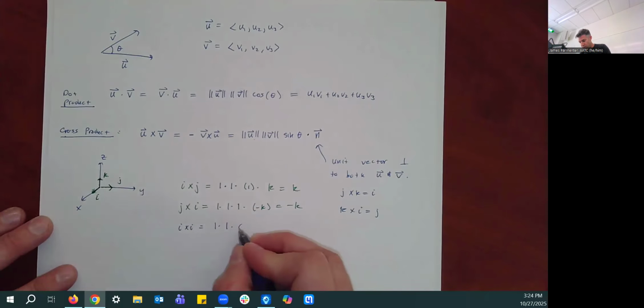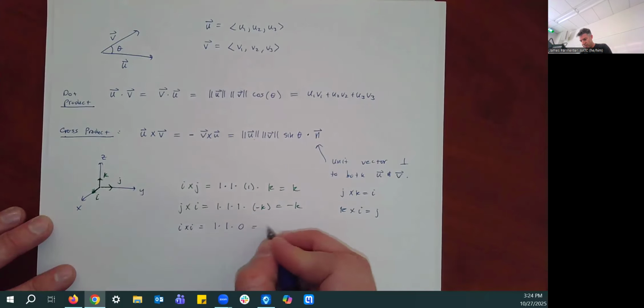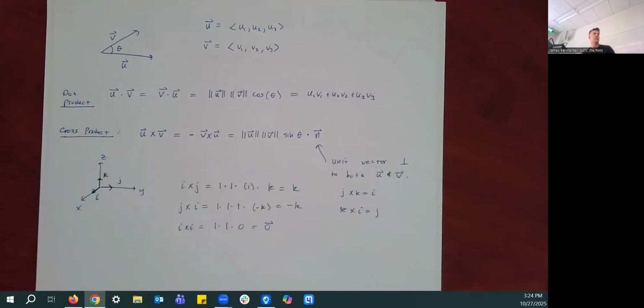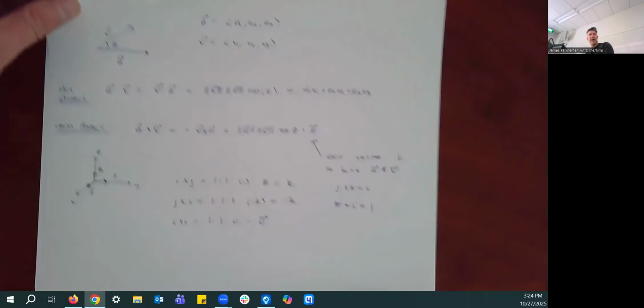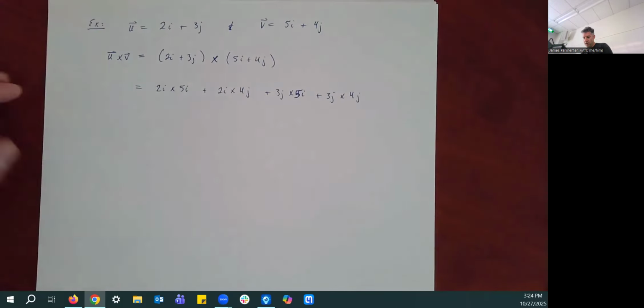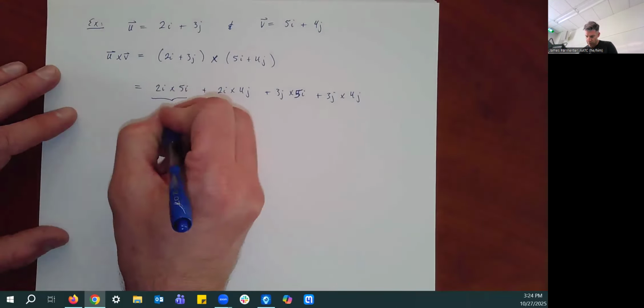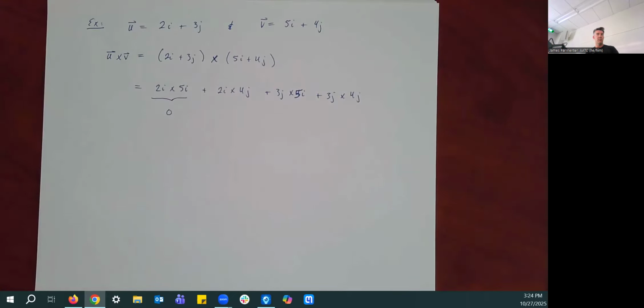So any vector crossed with itself is going to be the 0 vector. The 0 vector is the right answer there because it is a vector still. Okay. So this part is just going to be 0 because i cross i is going to be 0.